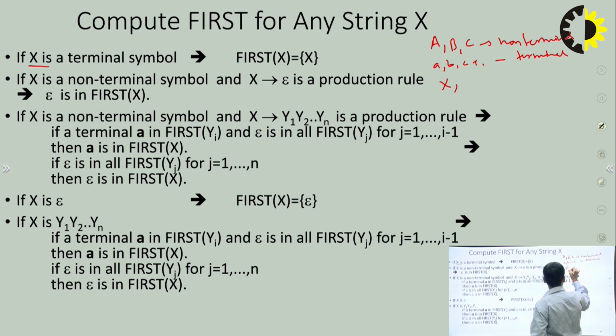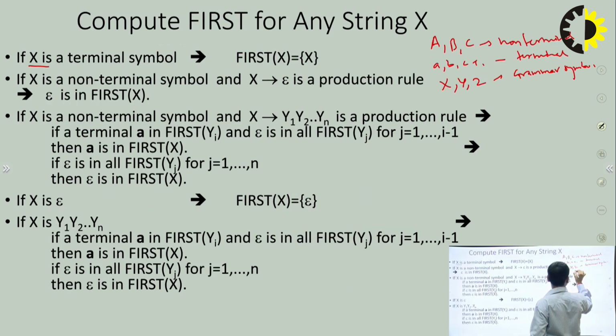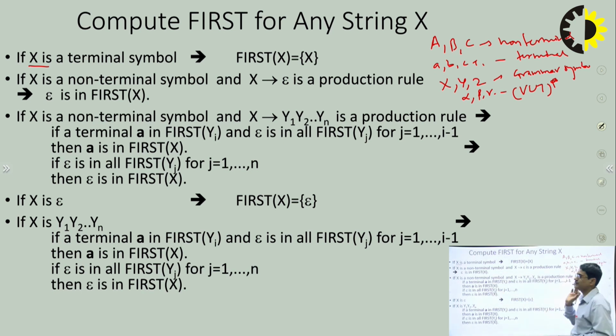We are using X, Y, Z, capital R for grammar symbols. And we are using alpha, beta, gamma for (V union T) closure. And you will see that these four symbol types are used to derive this function.